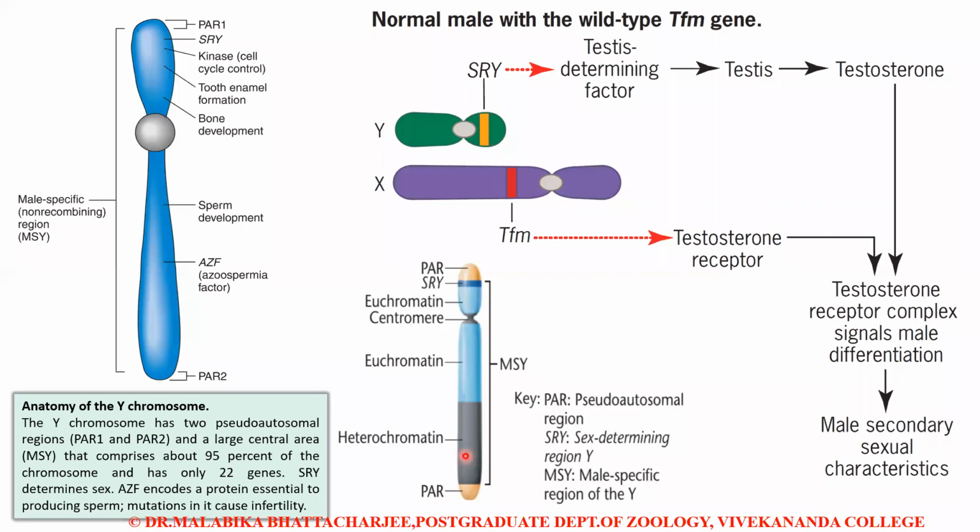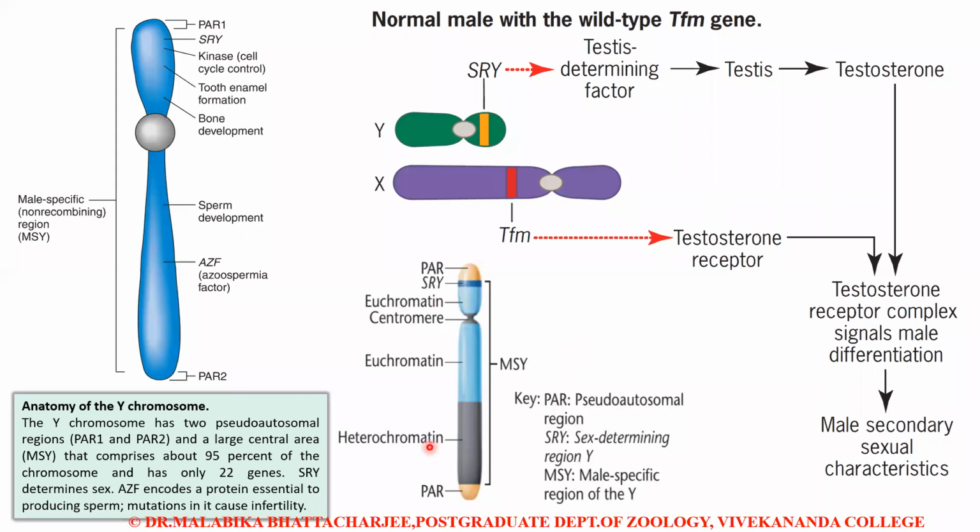As I said, present on both ends of the Y chromosome are the pseudo-autosomal regions, and they share homology with regions of the X chromosome, and synapse and recombine with it during meiosis. The presence of the pseudo-autosomal region, the yellow color here, is very important because the pairing of this region is critical for segregation of the X and the Y chromosome during male gametogenesis.